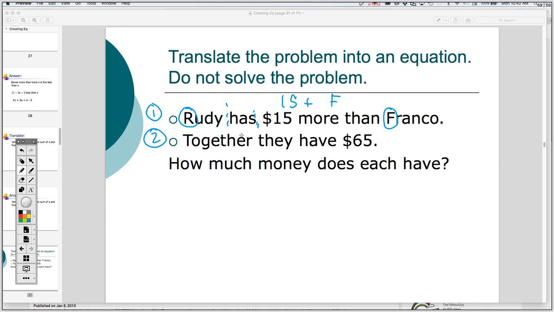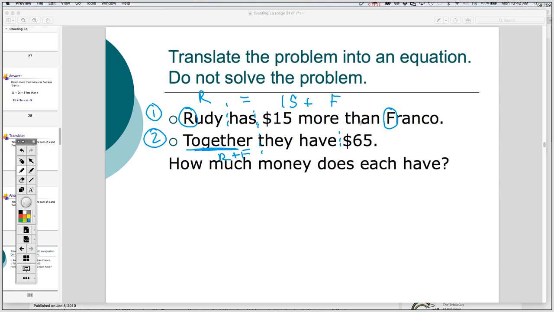So really, now together, who is together? Rudy and Franco, okay? So if I say Rudy and Franco, together would be plus, right? Now they have. That's a comparison. So what comparison can we put there? Let's go over that. Whenever you see something that's comparing to something else, you have these as your comparison words, okay?